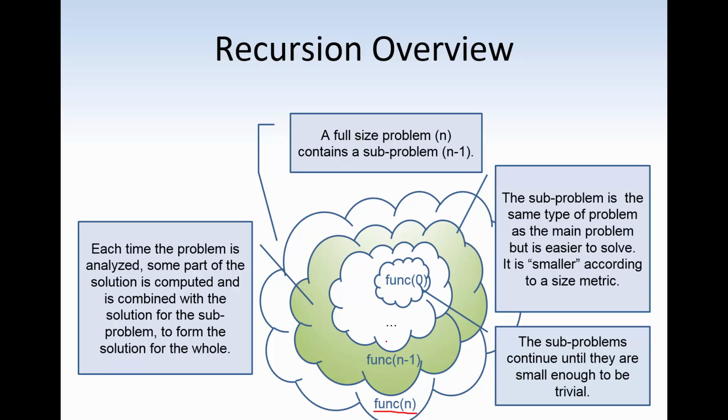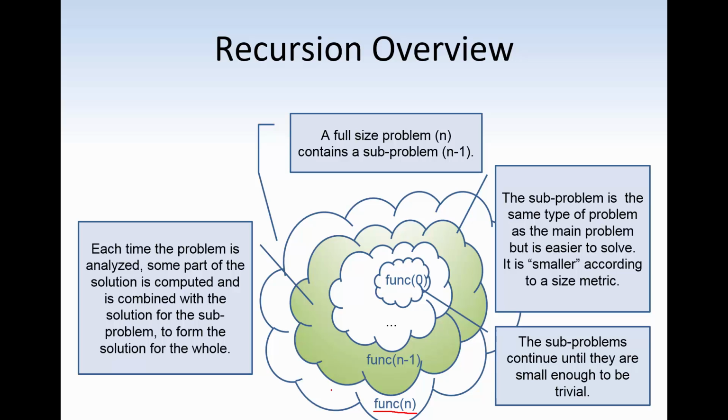If I had the answer to that, I can get from that to the size n problem, the full thing, by doing a little bit of work. In our case, it was n times n minus 1 factorial. So we do a little bit of work for size n, and then recursively combine that with the solution to the smaller problem, and do that again and again.